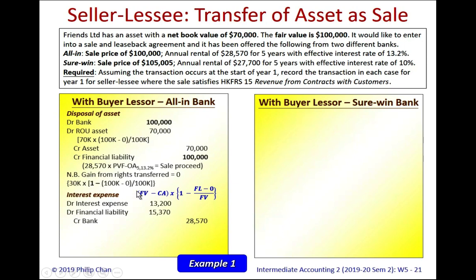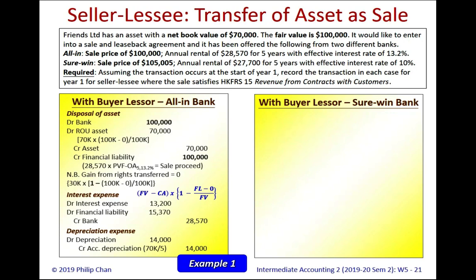Multiply by 1 minus financial liability 100 minus no gain, no loss in terms of artificial gain or loss, divided by fair value 100, and they are 0, no problem. Now depreciation would be based on 70 over 5 years, so there will be 14,000. Okay, so basically that's how it works for this first case.